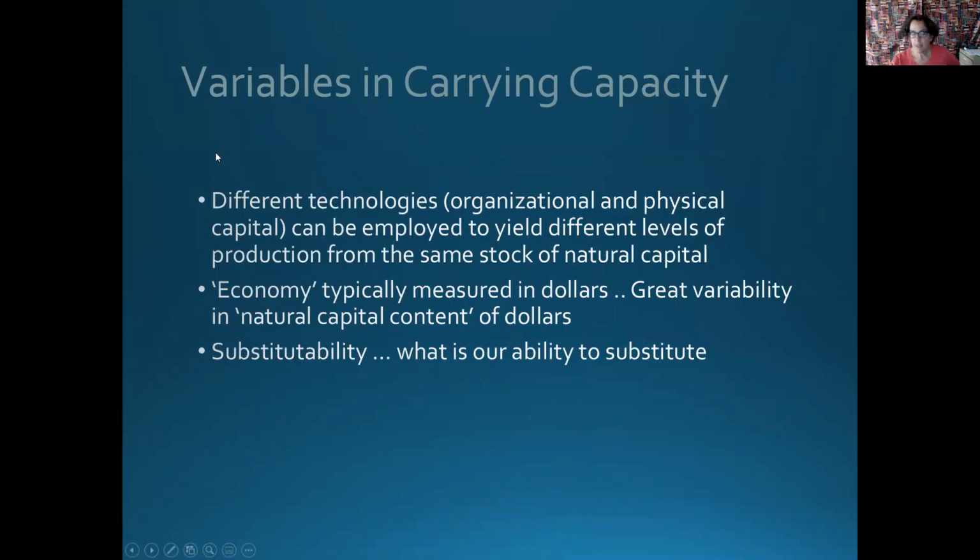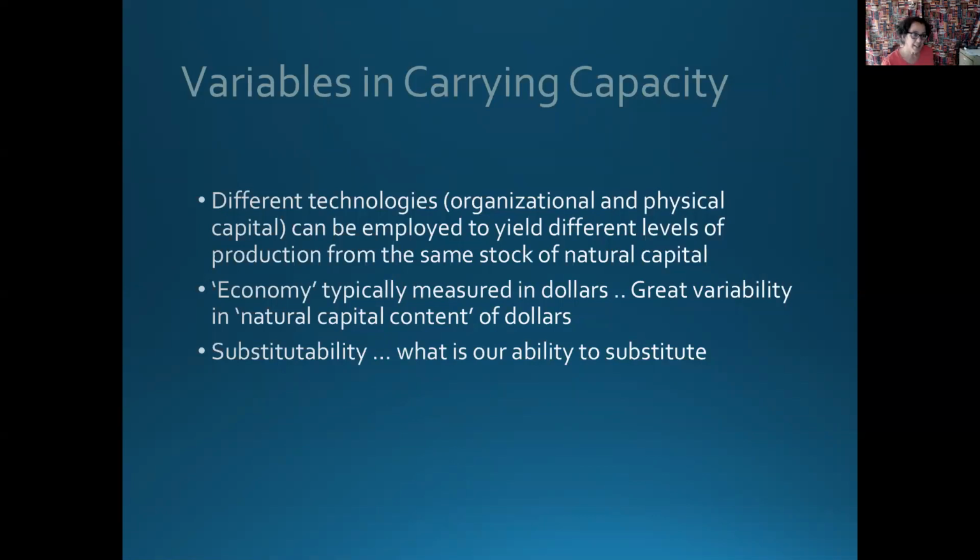The variables in carrying capacity in that picture are the different technologies, which include organizational and physical capital. It certainly includes culture: how much is it socially acceptable or socially prized for each individual to consume or use.